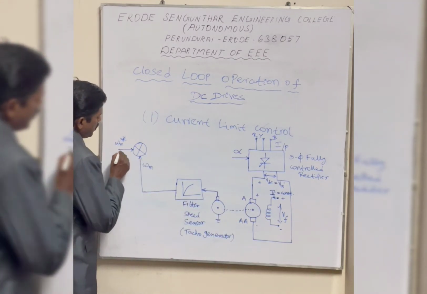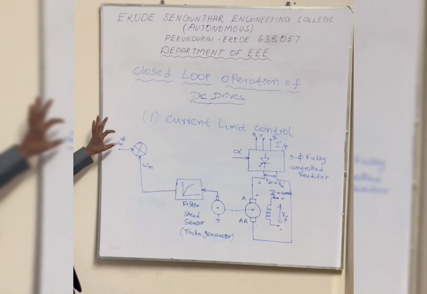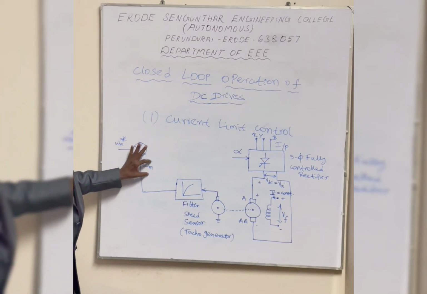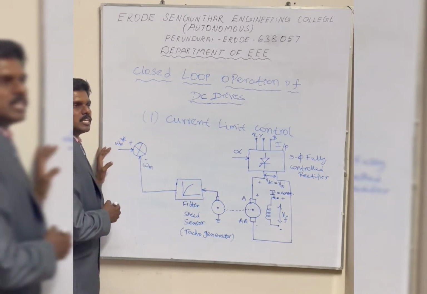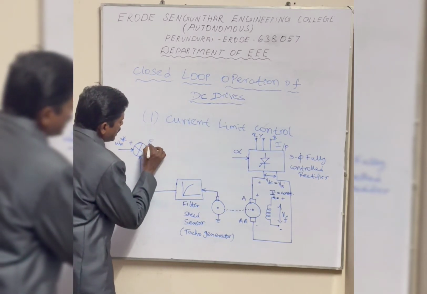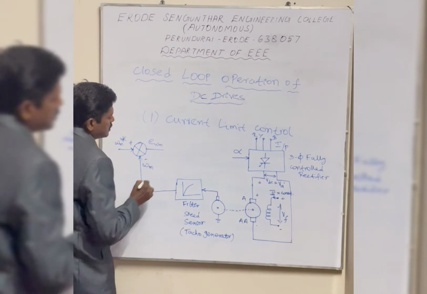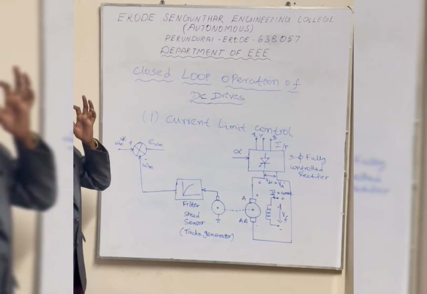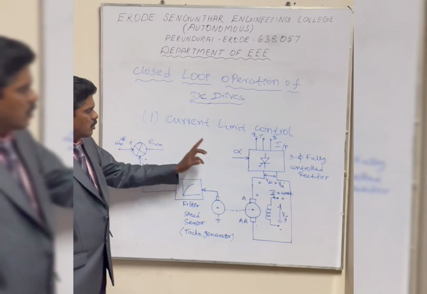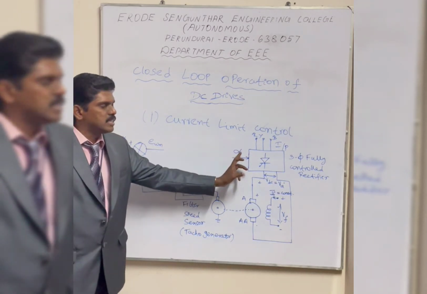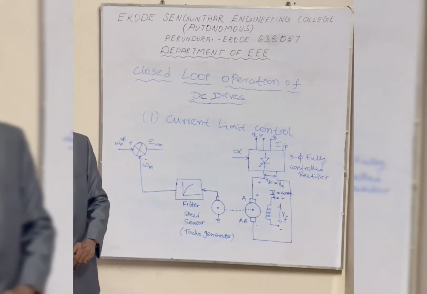So now we have two speeds: this is your required speed and this is your actual speed. If you compare these two, then we will have an error signal, which is nothing but E omega m. That error signal will produce a control signal for varying the firing angle. That is our main concept.